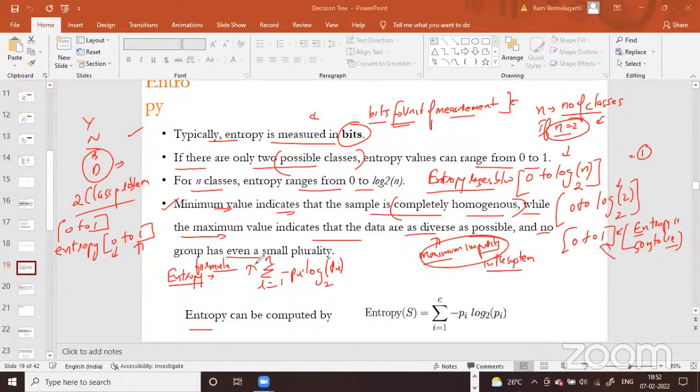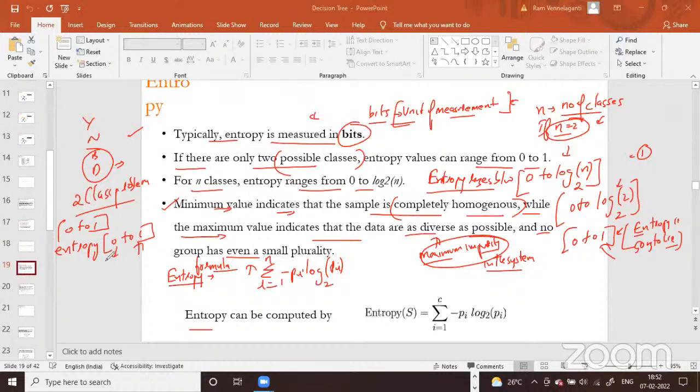That is the formula you are going to use. So mathematically, you can compute using this formula the entropy of your subsets, the entropy of your groups.